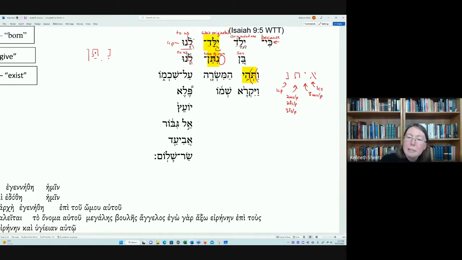In this instance, I have the tau, so it could be any of these, but what follows is the subject, and I can see by the ending that this is going to be a feminine singular noun. So that tells me that this is in fact going to be a third feminine singular verb.